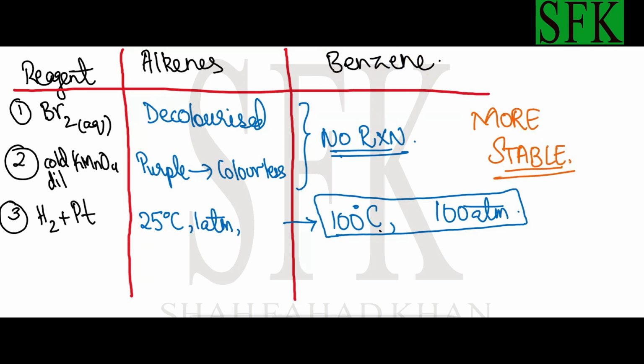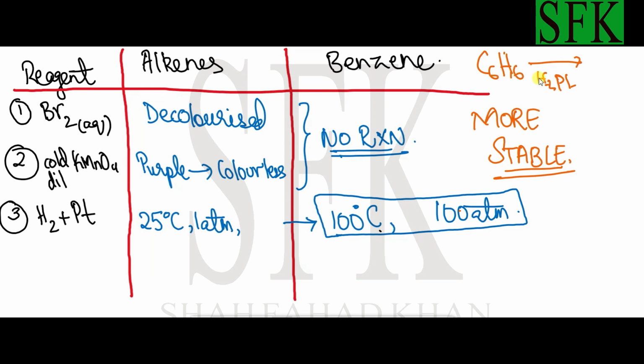Benzene's own structure is very stable. It wants to stay in the C6H6 form and does not want to change. So that's why the very harsh condition of 100 degrees Celsius and 100 atmospheric pressure is only enough to convert benzene to some alkane.